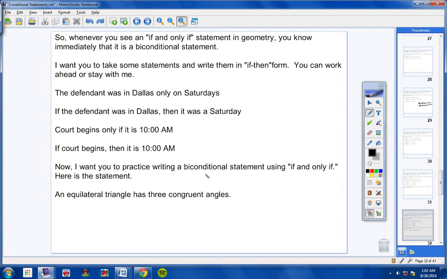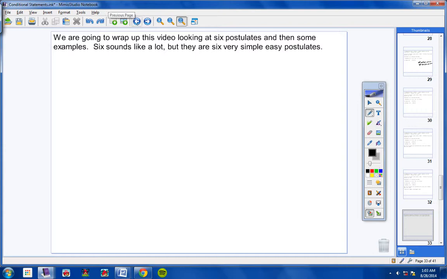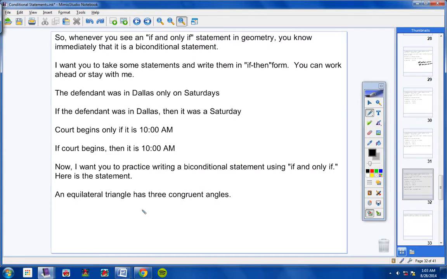An equilateral triangle has three congruent angles. Now, this is a biconditional statement. Let me show you how I know that. If I have an equilateral triangle, then it has three congruent angles.